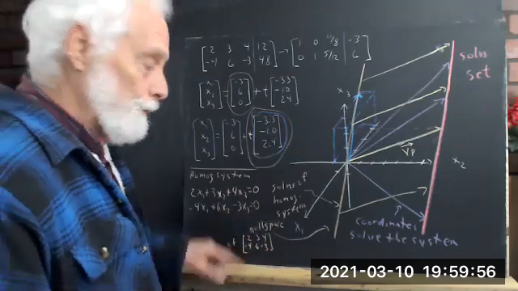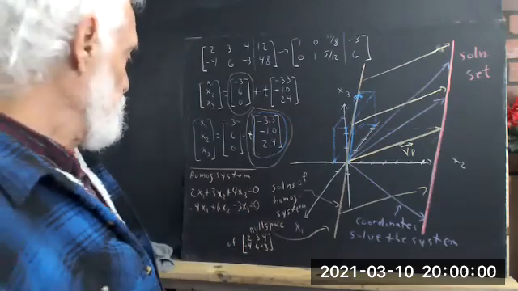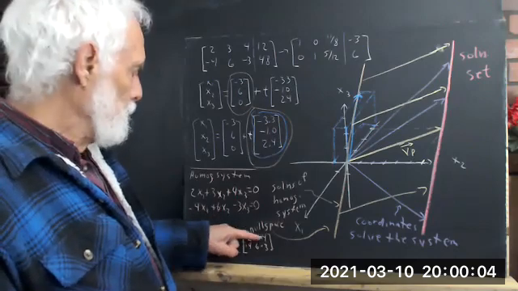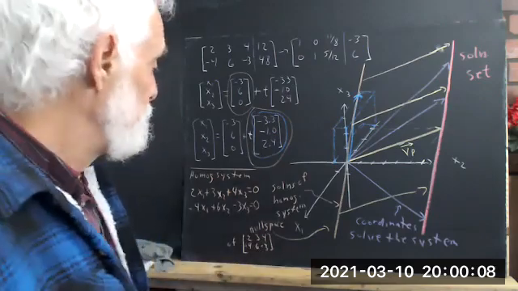Okay. The row space of the matrix, in other words, the span of the vectors 2, 3, 4, -4, 6, -3.